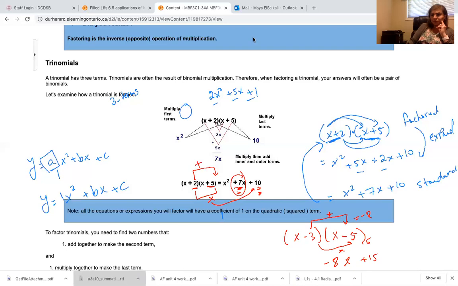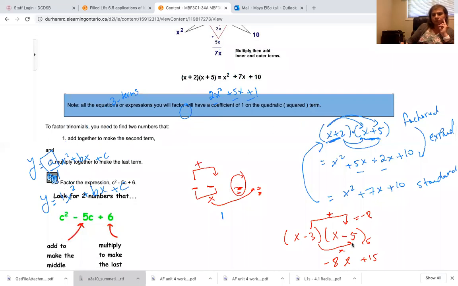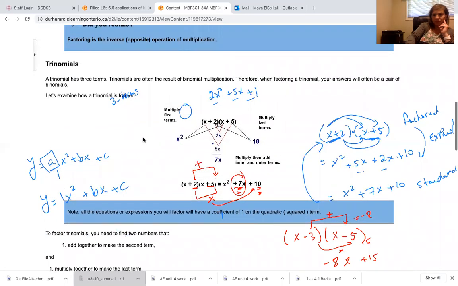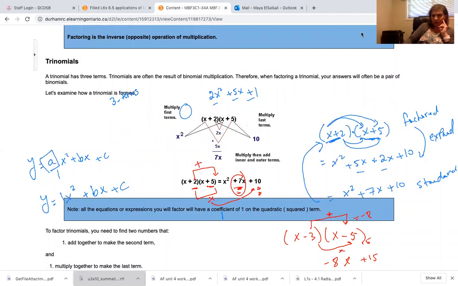Let's see. Okay, so remember these two numbers. I'm going to erase here, and I'm going to try to expand it here. So let's do the FOIL.